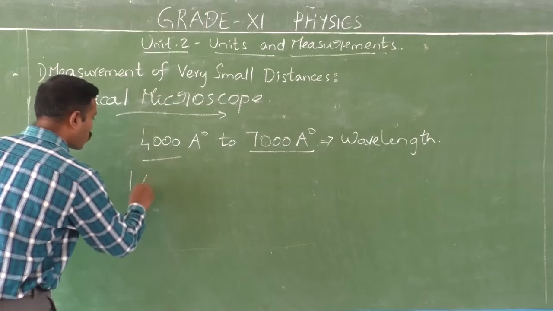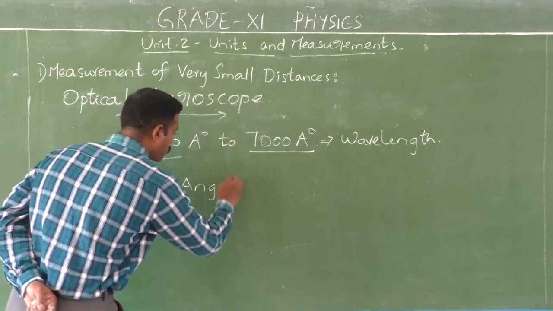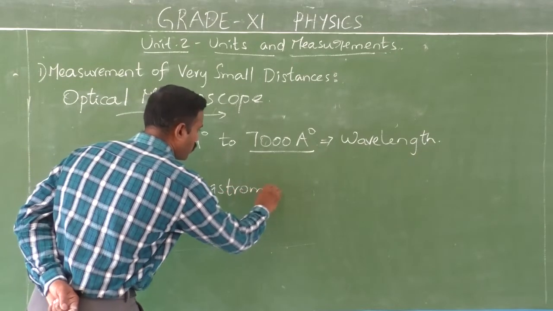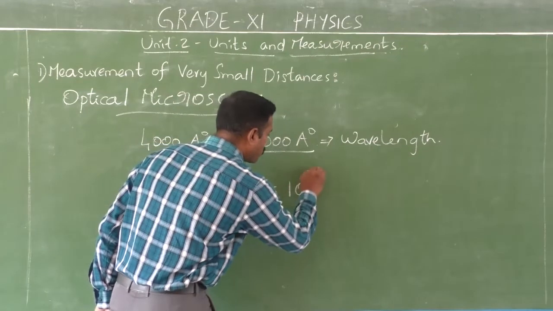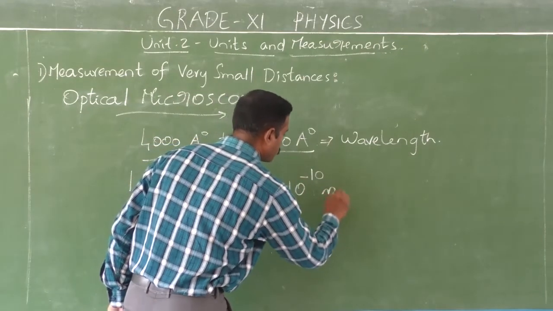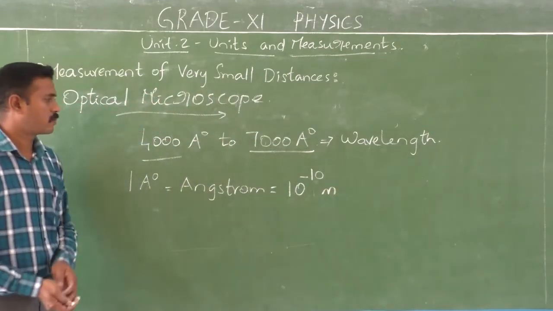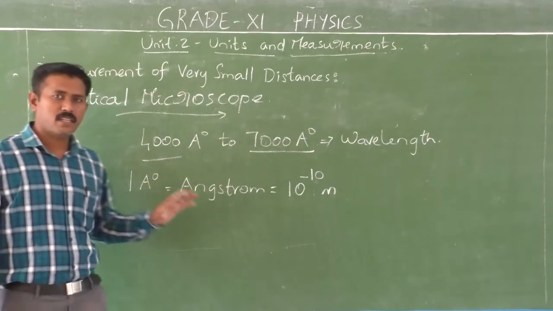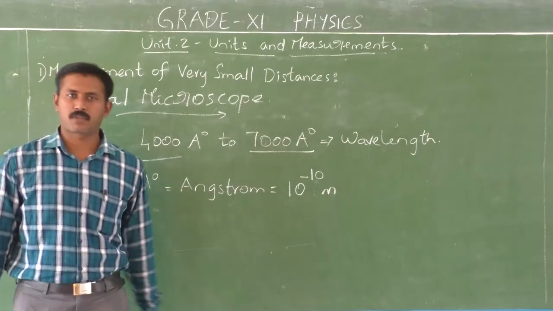This unit is called the angstrom: 1 angstrom equals 10 power minus 10 meters. So the limitation of the optical microscope is 7000 angstrom.